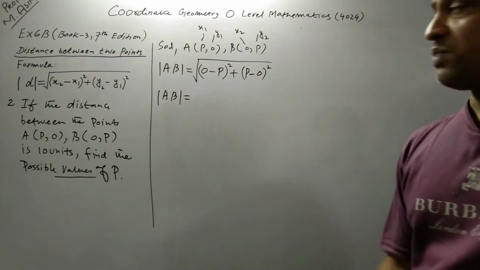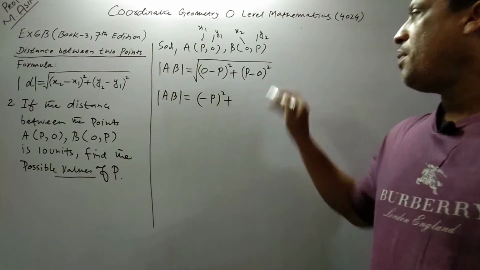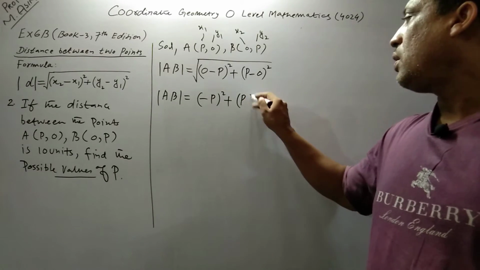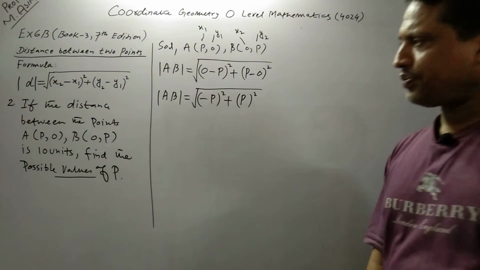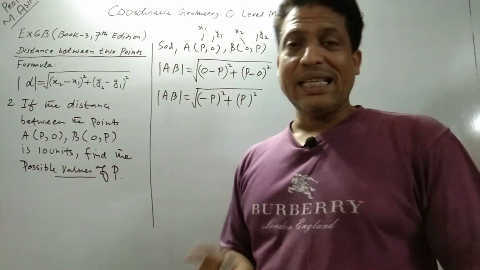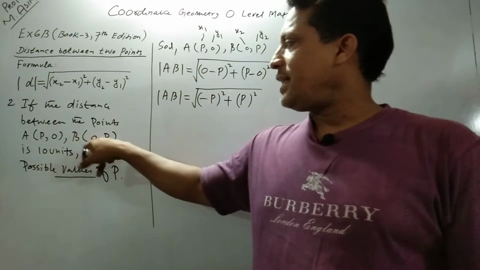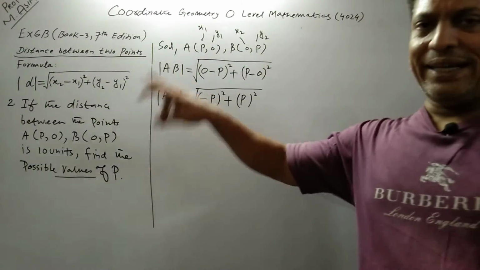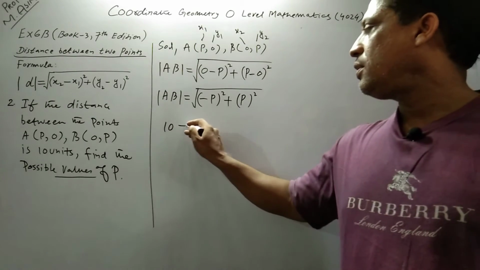0 minus p is minus p whole square. p minus 0 is p whole square root. And now see, the distance is given in this question. If the distance between this point and this point is 10 units, so replace this AB by 10, because this is given 10.